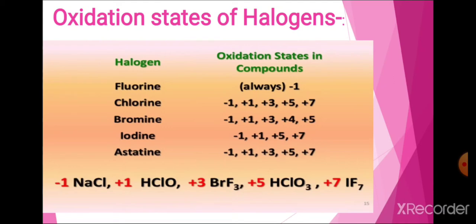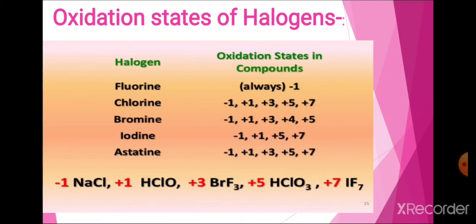If we see this chart, we can observe that -1 oxidation state is common in all halogens, while chlorine, bromine and iodine exhibit +1, +3, +5 and +7 oxidation states. This is because they are less electronegative than fluorine and possess empty d orbitals in valence shell and therefore they can expand their octet.